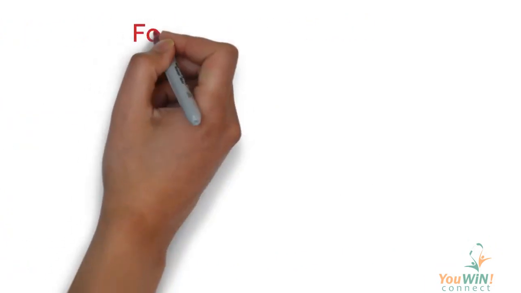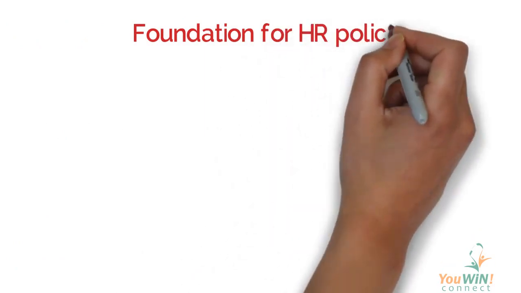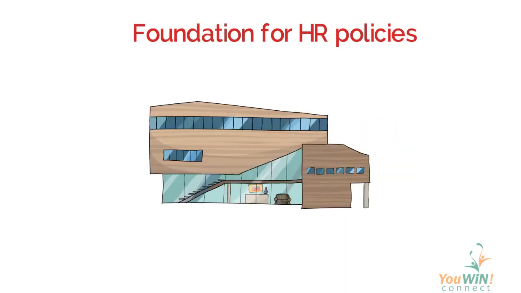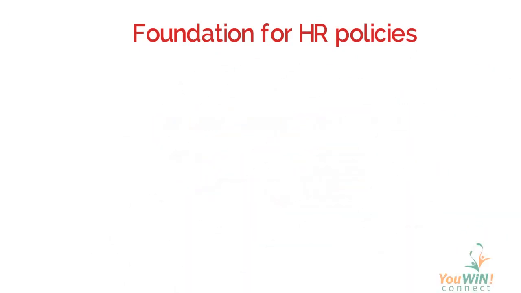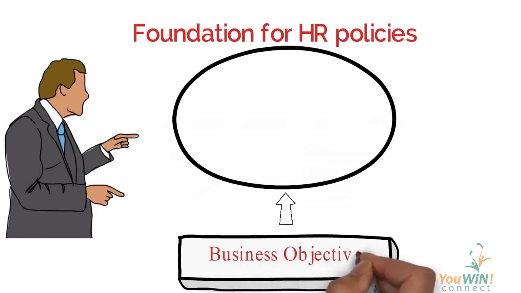Let's now look at the foundation for your HR policies. Your HR policies are created on the back of your company's action plans. And of course, your company's action plans, as we saw in the previous slides, will be based on your business objectives, so that the foundation of your HR policies should meet your business objectives.